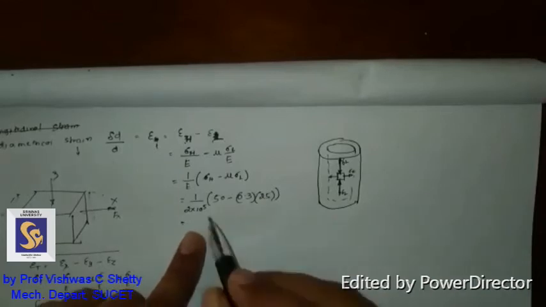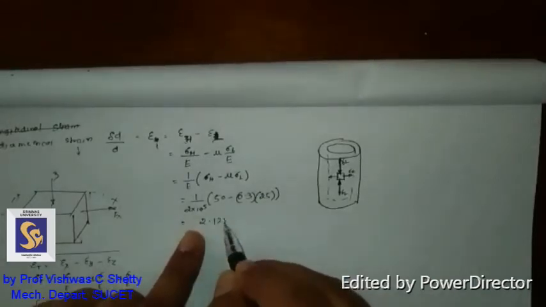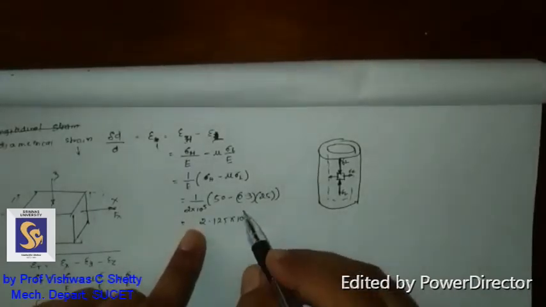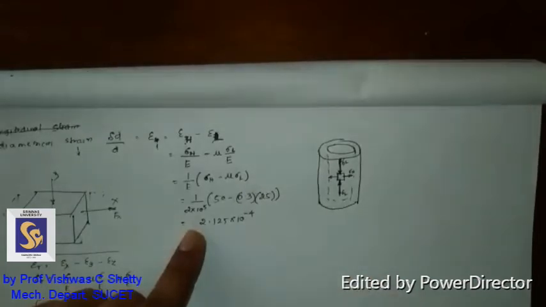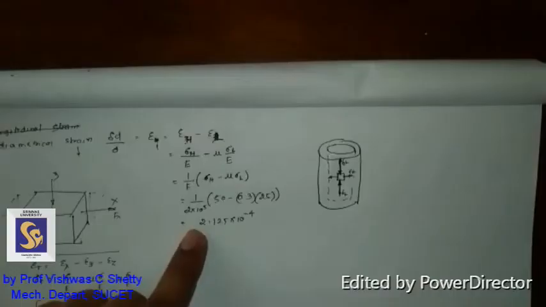Are you getting 2.125 into 10 power minus 4? Yes, sir. 0.0002125, that is 2.125 into 10 power minus 4.